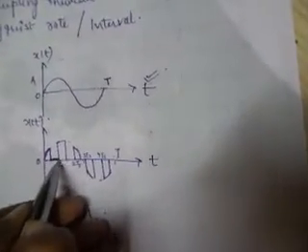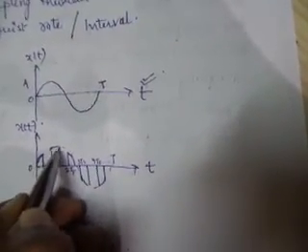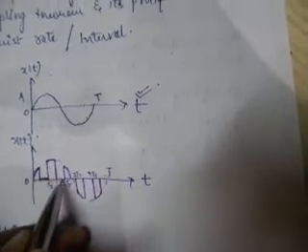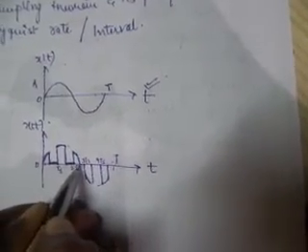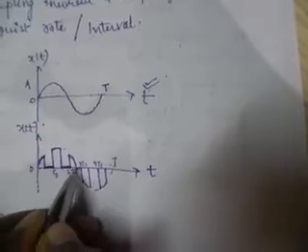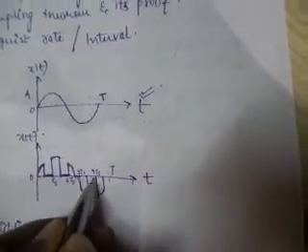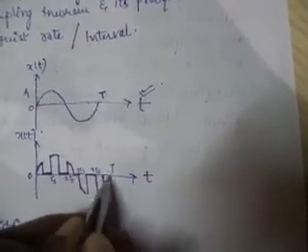Then for the next sample, again we will need some transmitting power, and then we have to transmit 0, which means we will not need any transmitting power. Then again we have to transmit a sample. We will need some power, then 0, then power, then 0, then power, then 0, and then power.